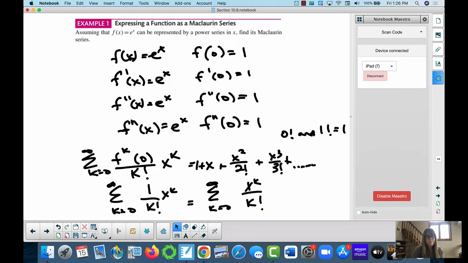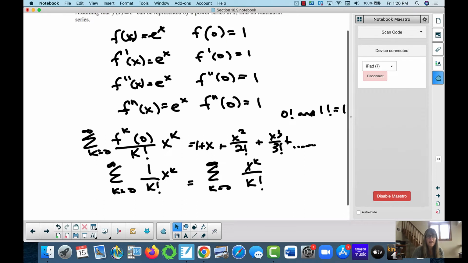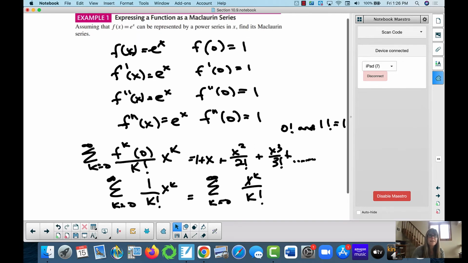And then we could prove that for all x, this is going to converge to e to the x. So this series converges. We could check that with a ratio test, and it converges to e to the x every time.